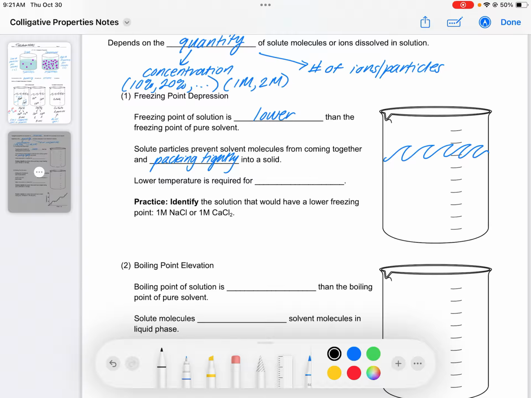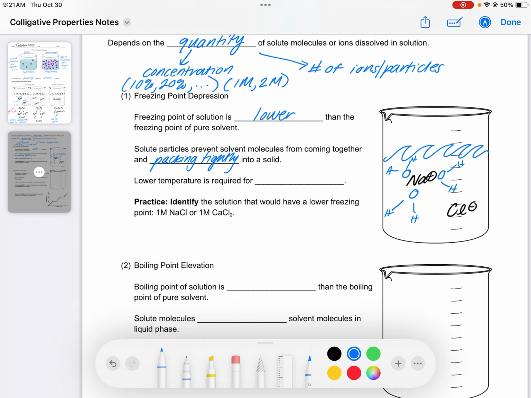When there is a solute in there, like NaCl, the water molecules are still trying to come together and pack tightly in order to freeze. But what we notice is that now there are these ions getting in the way that are preventing the water from getting close together and packing tightly to form a solid.